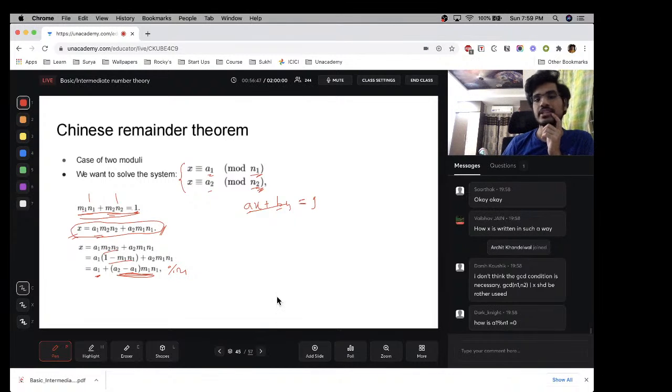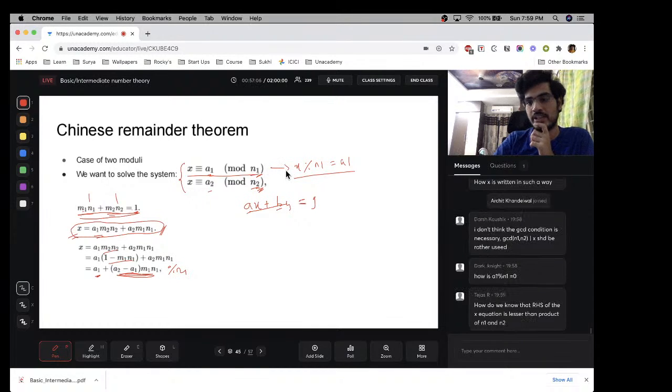No, a1 percentage n1 is not equal to 0. x percentage n1 equal to a1. This is the equation: x mod n1 equal to a1. This representation means this. In the beginning of our class, we discussed that.